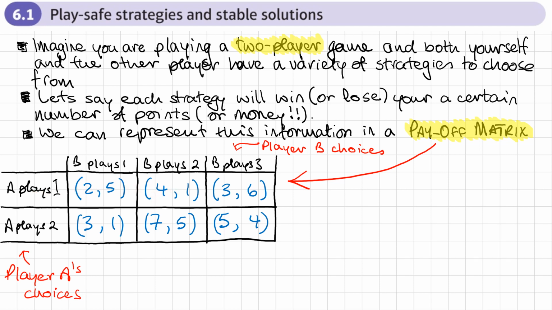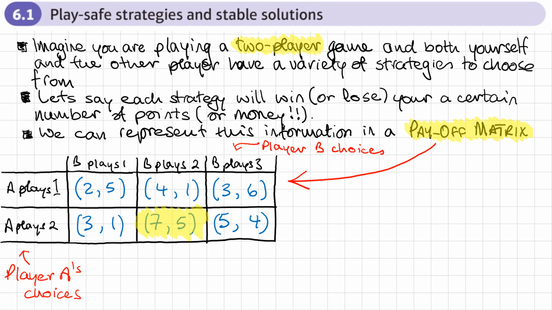So for example, if we looked at this box here, so this would be when player A plays strategy 2, we just say that A plays 2, and when player B plays their strategy number 2 as well, we say that B plays 2. In this scenario, A would win 7 and B would win 5.